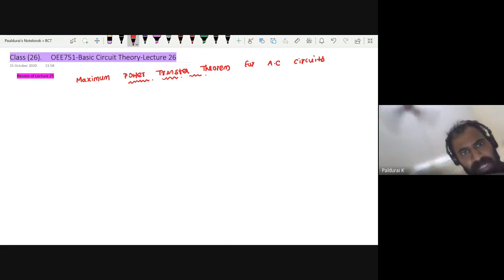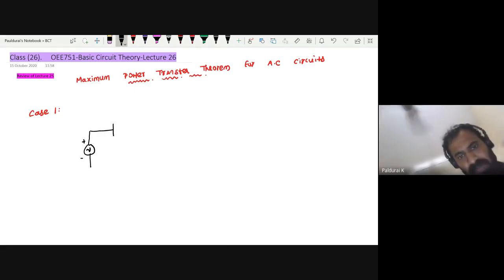So, let me take case 1 according to unit 3. This time the input is AC. So this is my AC voltage source. AC means this time impedance, right? This is my ZS. It has both real as well as imaginary part.